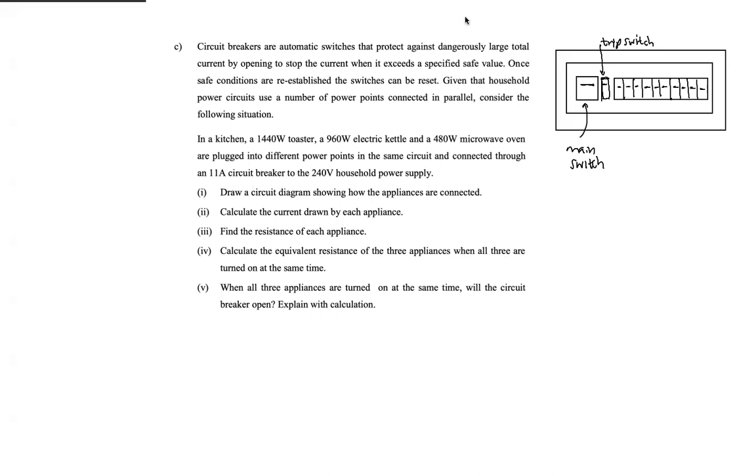I think they had mentioned something clearly: household power circuits use a number of power points connected in parallel. Draw a circuit diagram showing how the appliances are connected. Let's start with number 1.